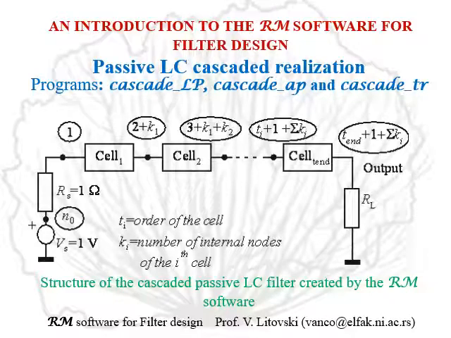Next is the passive LC cascaded realization. Here, a cascade of cells containing capacitors, inductors, and potentially transformers are used.